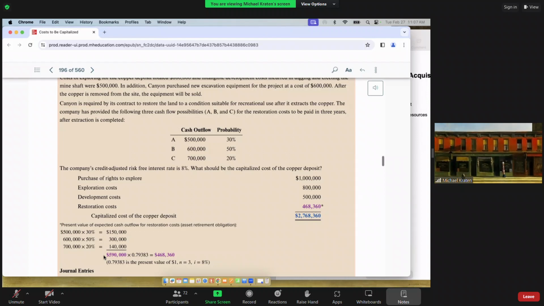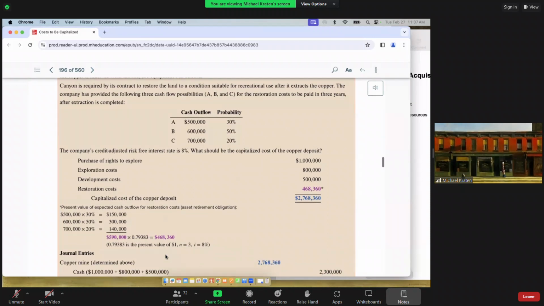And by the way, I won't actually ask you to compute the present value on a quiz, but using much simpler numbers, I might ask you to compute and to know why you are computing this weighted average, the 590. And then I might simply tell you, and the present value of that number is this.